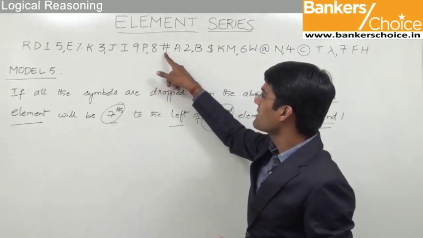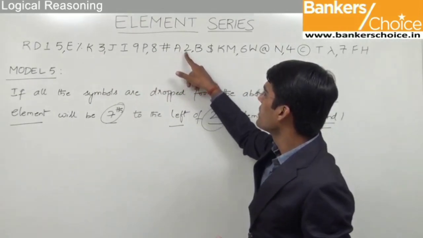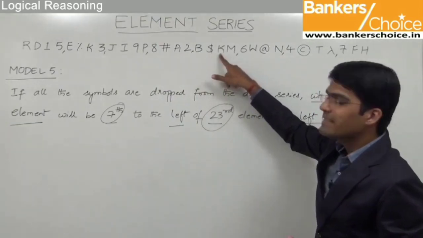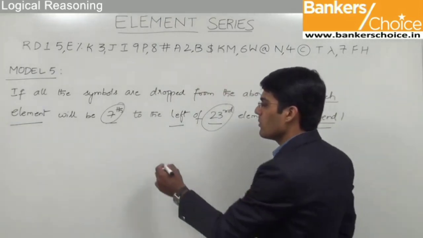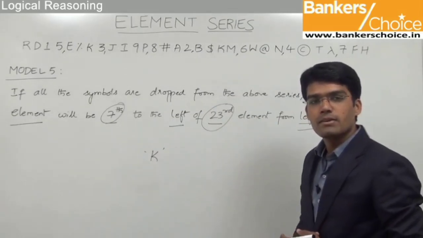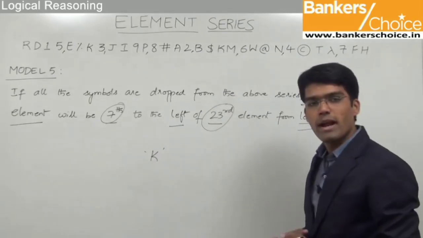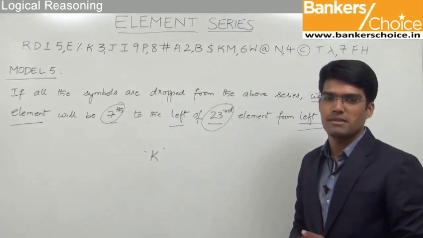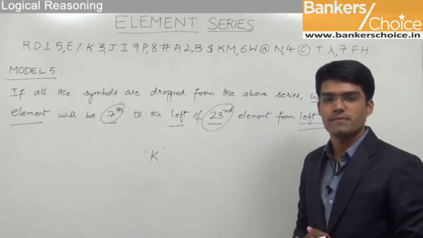Skip the symbol hash. This becomes 13, 14, 15. Skip the symbol dollar, and then 16. So the answer here would be the element K. So the simple idea is, find out the required position but count the elements by skipping the symbols to get the required answer.